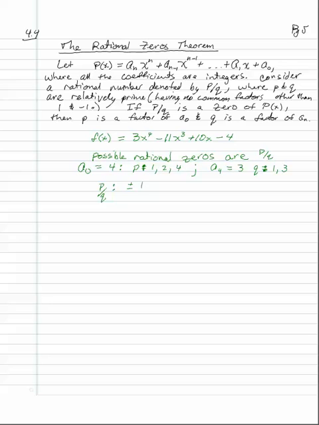We're going to do p 1 over 1, 2 over 1, 4 over 1, and now we're going to do each of those over 3. So we can do 1 over 3, 2 over 3, and 4 over 3. And they can all be plus minus. I just put a big plus minus out in front, but the idea is all of these could be.